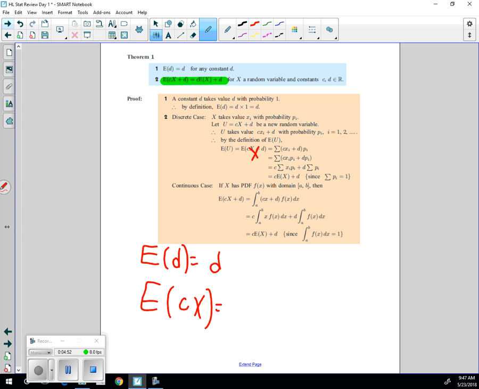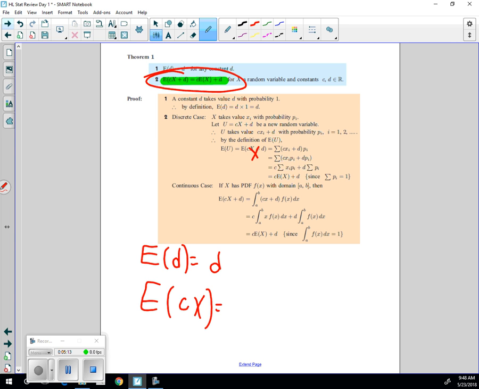And then this one is just going to be the sum of x_i p_i, or the expected value, times c. So when you see an E of cx plus d, you're going to pull the c out in front of the expected value and then add the d.